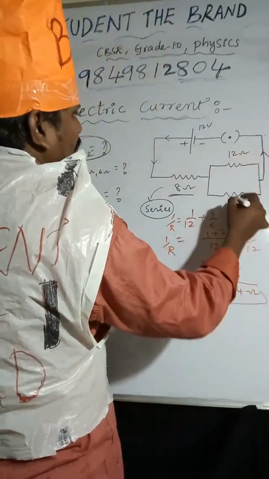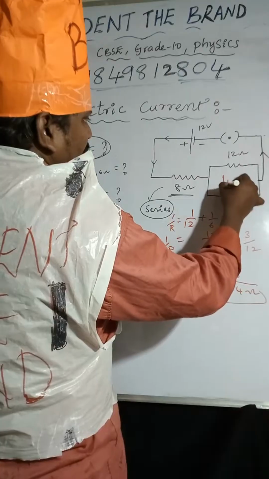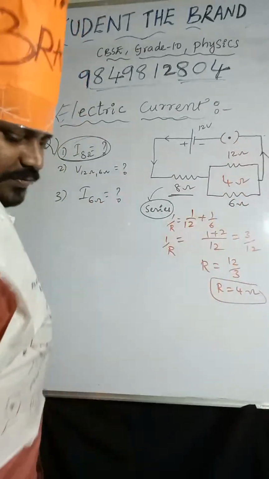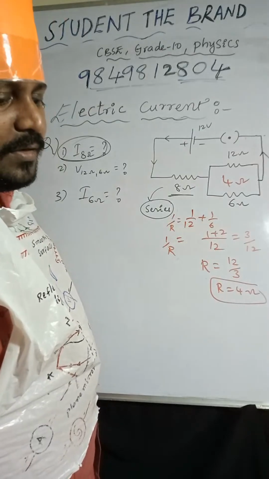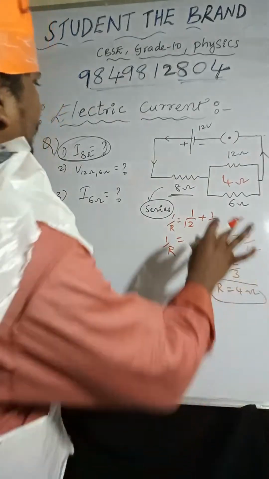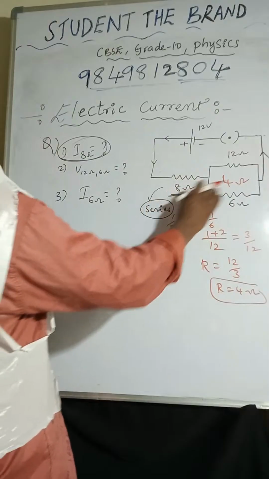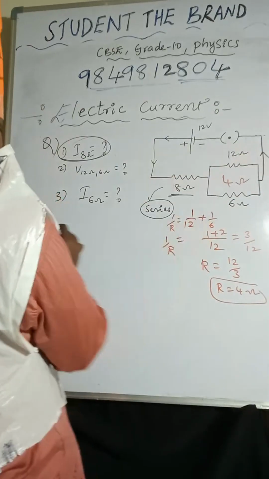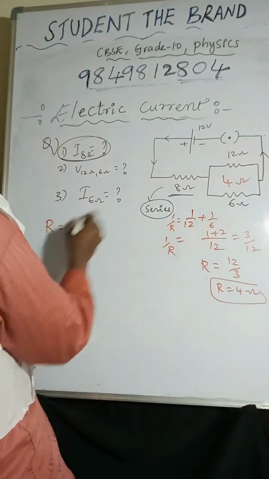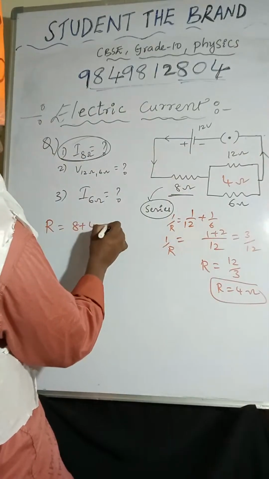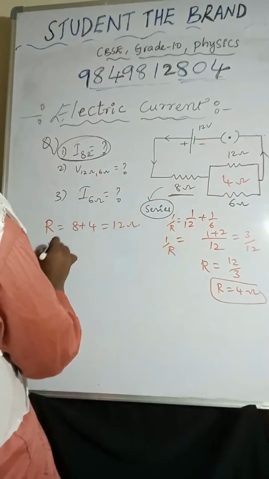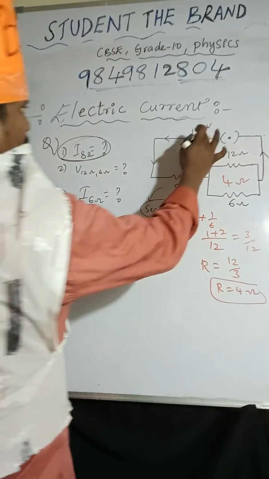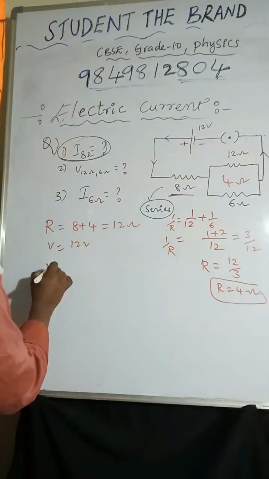So here the total resistance in parallel combination is 4 ohm. First point. Coming to the second point. So 8 plus 4, R equal to 8 plus 4. Total is 12 ohm. That is the overall R. And V we got 12 volt. Okay, 12 volts. Now V equal to IR.